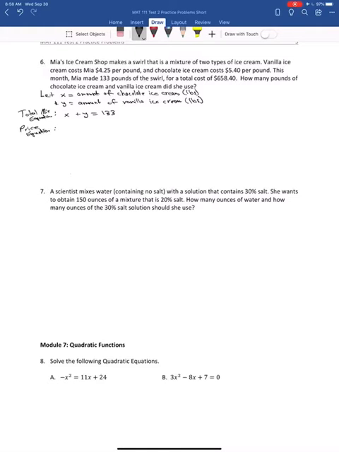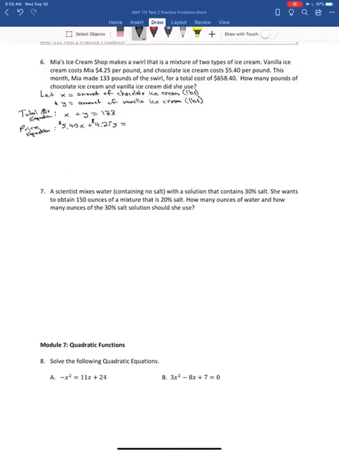So if we use x pounds of chocolate, we have a total of $5.40 times x from that. And then with vanilla, the amount of pounds is y pounds of vanilla ice cream. It costs $4.25 per pound. So 4.25 times y would be our total from that.